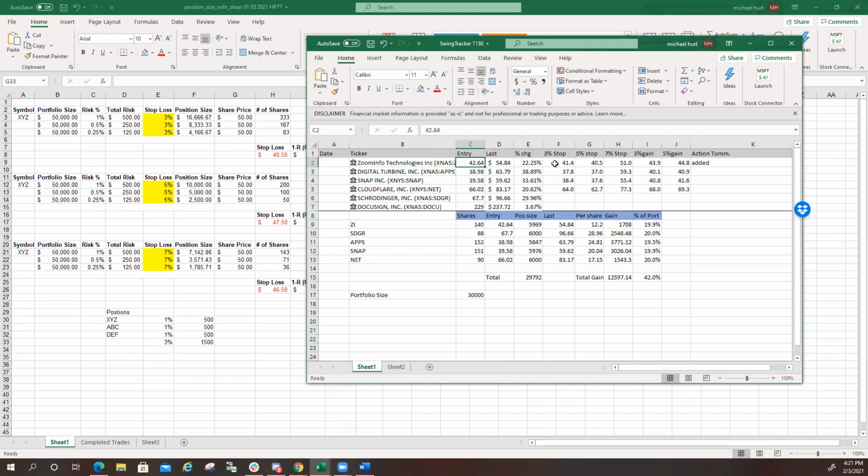This would allow the trade to oscillate intraday. Even if my 3% stop loss is hit, my 5 and 7 may not be hit, and I still may have a good average on my position. And if it takes off 13%, it'll cover all my stop losses, and then I'll be going into the gains. So it's always a good idea to tier your stop losses also if you wish.